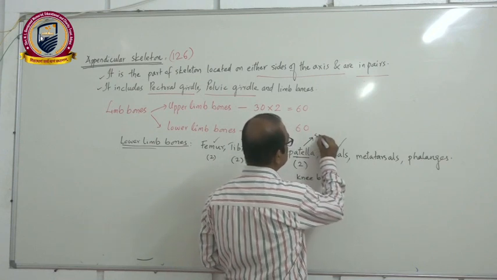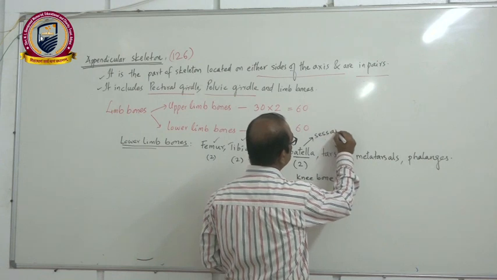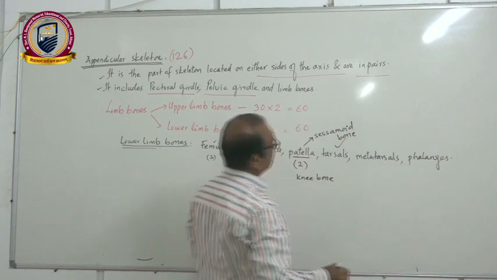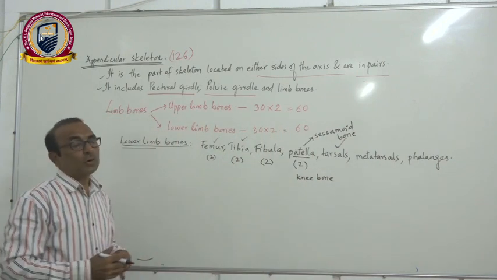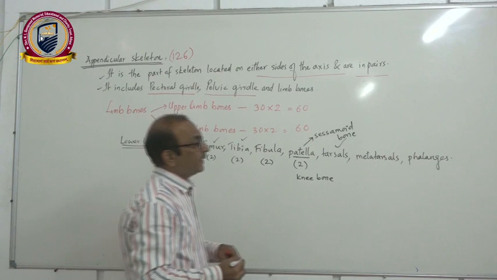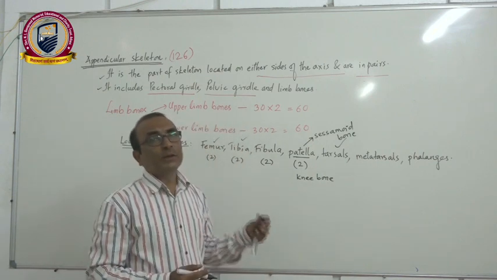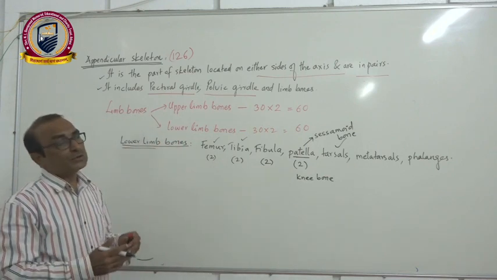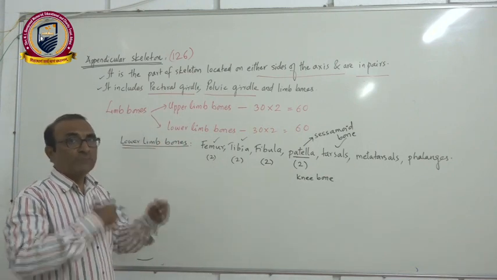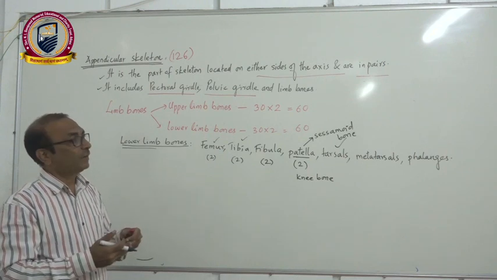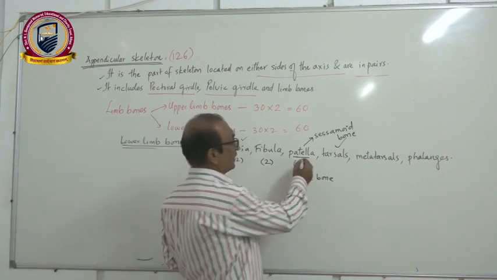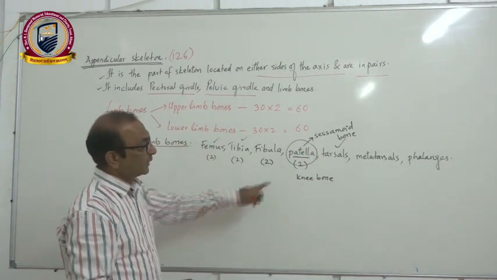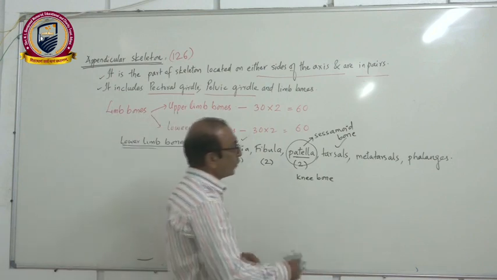It is actually a sesamoid bone. Sesamoid bone is a bone which is developing from or modified from fibrous connective tissue or tendon. If the fibrous connective tissue or tendon is developing by calcification into a bone, that is called the sesamoid bone. So patella is a sesamoid bone. There are two knees, so two patella bones.